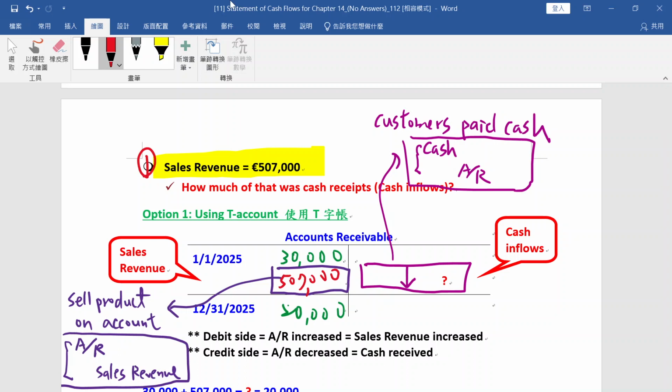Based on this, do you know how much money you got? No problem, right? You know all the numbers except this one. So what does it mean, this one? Accounts receivable decrease when you got the cash. So this number tells you your cash inflow, how much money you got from customers.